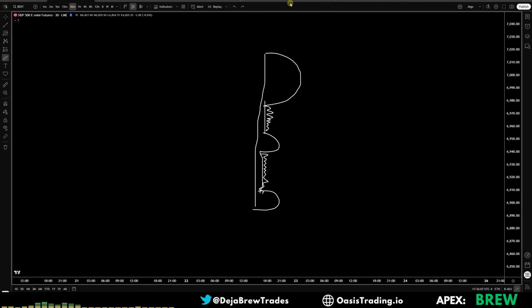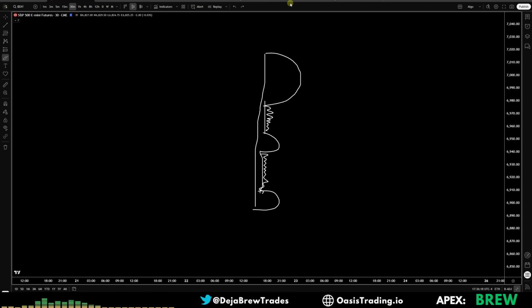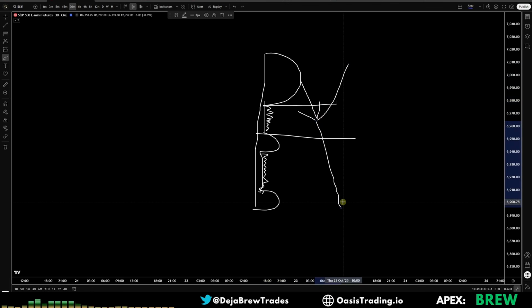If price is rejecting an area, those are typically LVNs. And remember, I don't mean rejecting in like a bearish sense. I don't mean price is going up and it's rejecting it and going back down. I just mean that price does not like to trade in that general area, whether that means bullishly or bearishly.